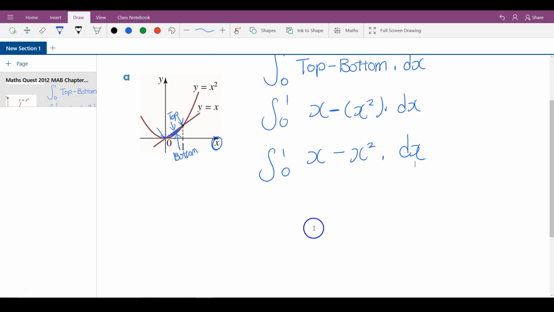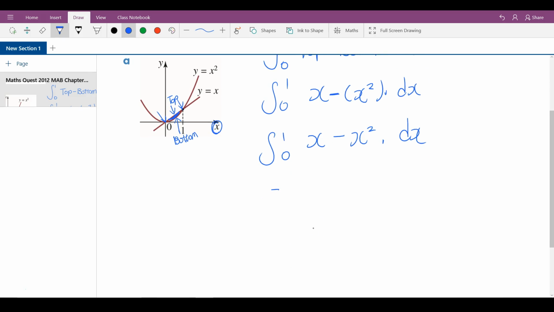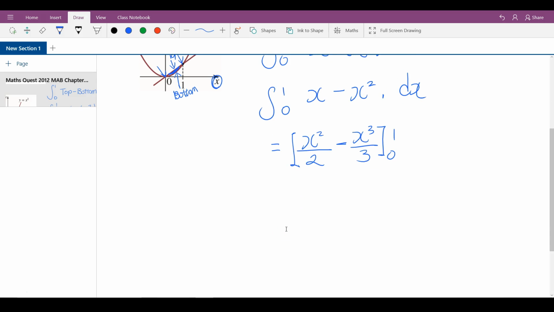Then we can integrate that, and it becomes x squared over 2 minus x cubed over 3. Fairly easy on the first question. So just 0 to 1.